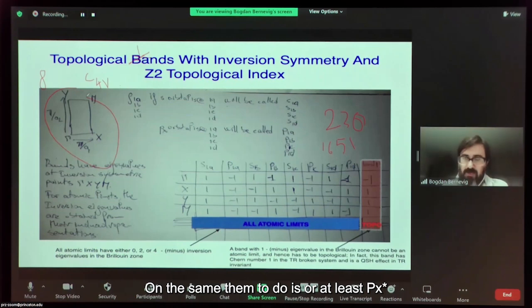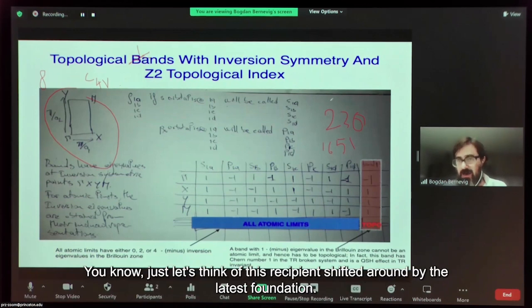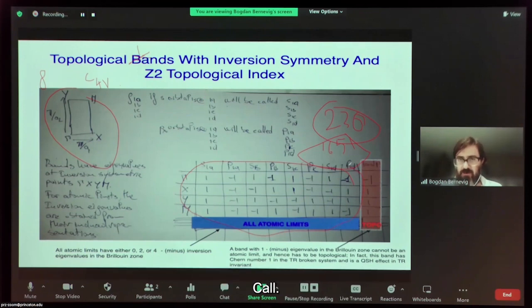And the program can be followed exactly the same way. So in fact, for all these groups, there's a website called the Bilbao Crystallographic Server where you can go and put in your favorite group and find all these generators of these vector spaces. Does that answer your question? Yes.